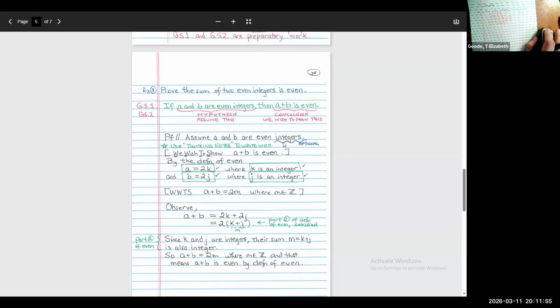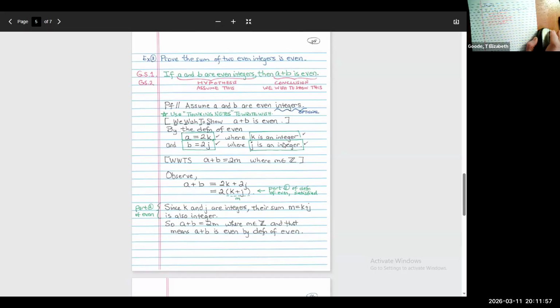I know you're tired, you've had a long day. But what I'm trying to show you is write it in if-then form using information about the domain. What kind of numbers are they? Figure out what your hypothesis is. It's the if part. Assume that. Figure out what you wish.